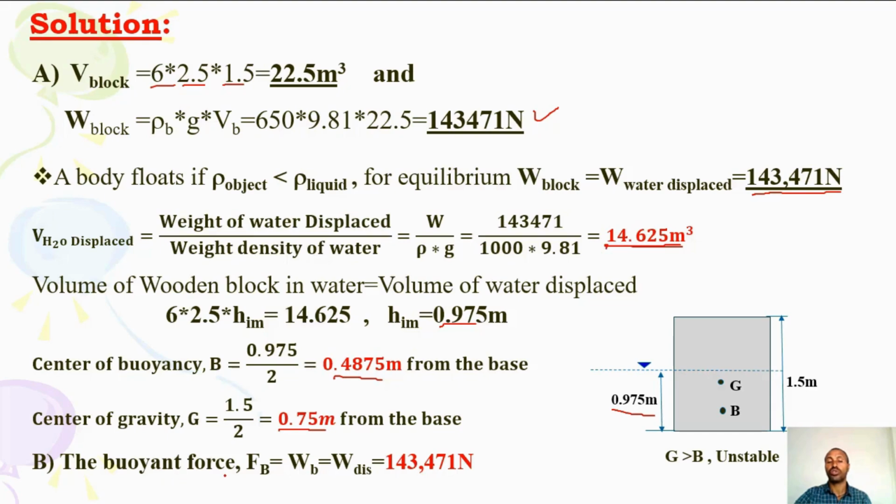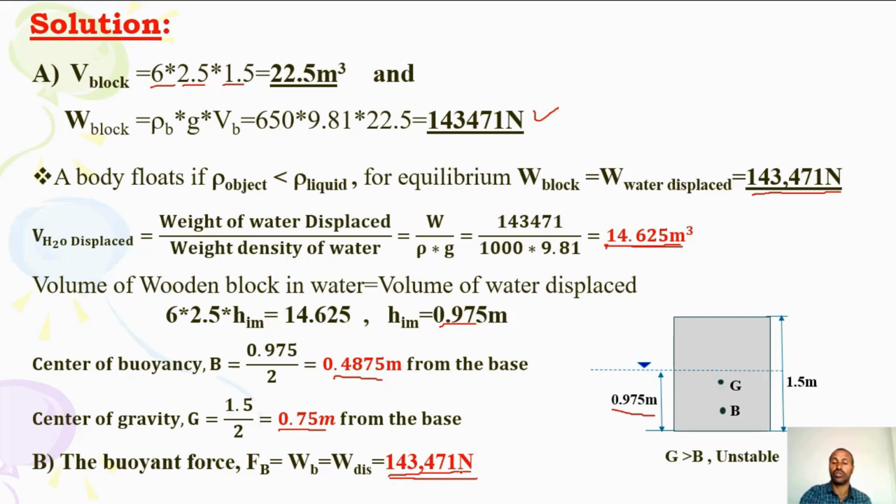The buoyant force is equal to the weight of the block, which is equal to the weight of the displaced fluid, which is 143,471 Newton, or 143.471 kilonewton.